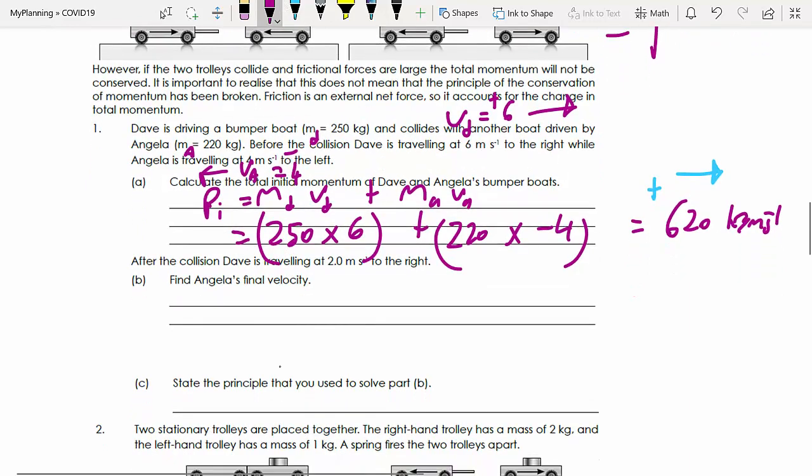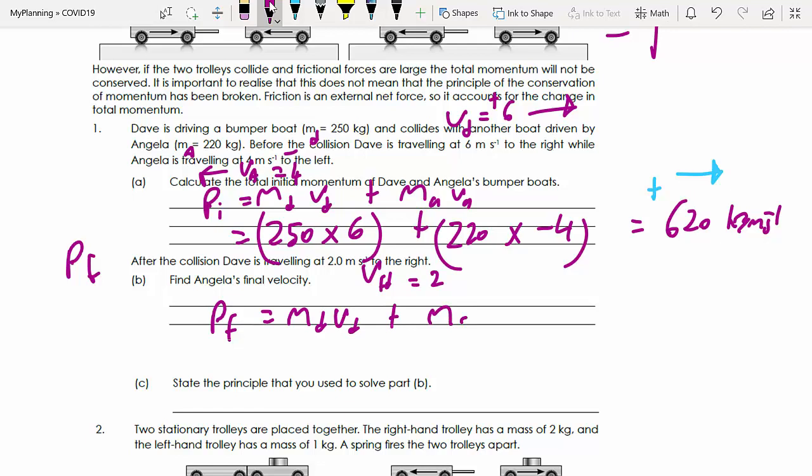After the collision, now we're looking at the final. Dave is traveling at 2 meters per second to the right, so Vf Dave is going to be 2, a positive number because it's to the right. Find Angela's final velocity. It's the same equation as the Pi up here. So Pf is going to be M Dave V Dave plus M Angela V Angela, and we're making the assumption that there are no external forces, so the final momentum is going to be the same.